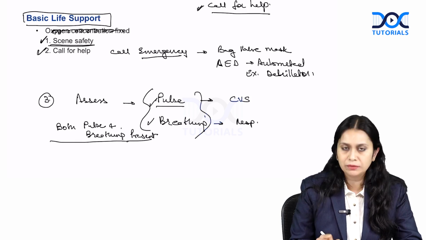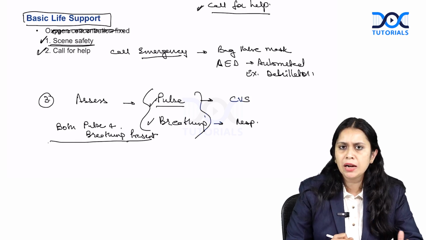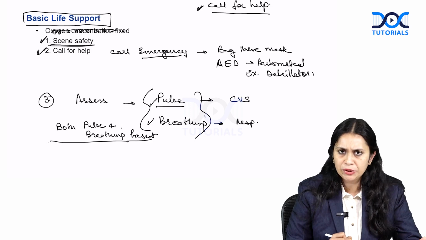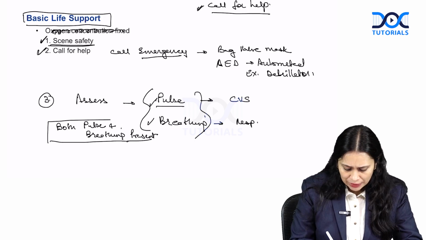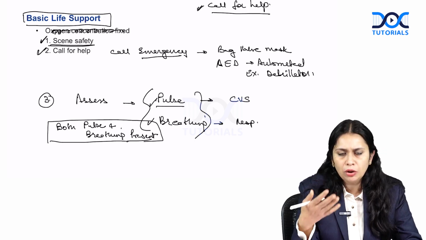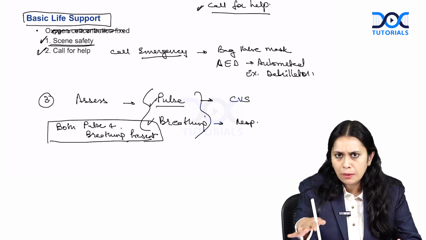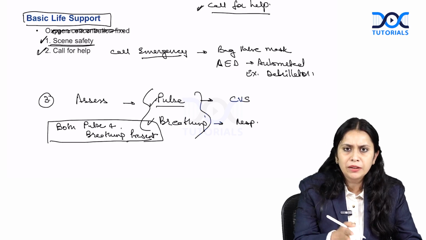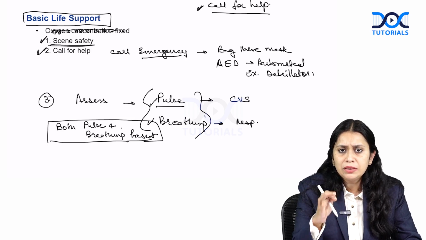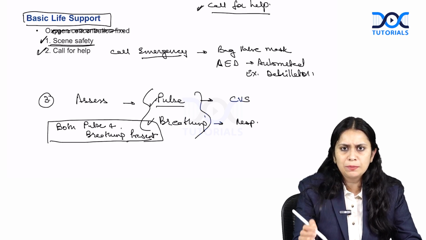Then the patient is neither in cardiac arrest nor in respiratory arrest. The patient is just unconscious. Whenever we get a person who seems unconscious but with pulse and breathing, we put the person in the recovery position, the lateral position. This position will prevent aspiration.